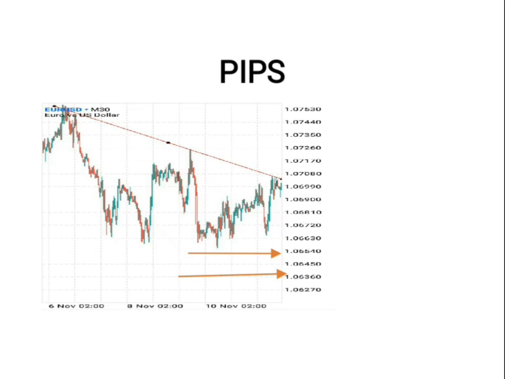So that is one of the things that helps you when you want to take a trade, set a stop loss or take profit, or set your partial profit. Some brokers calculate it for you. You need to buy or sell, just input the figure 1.06540.